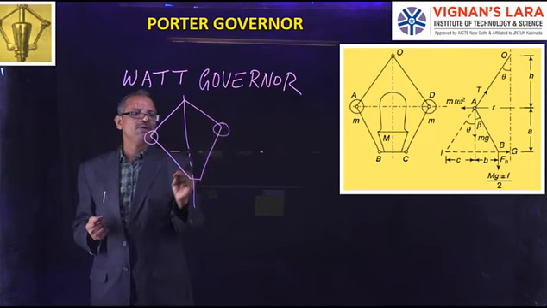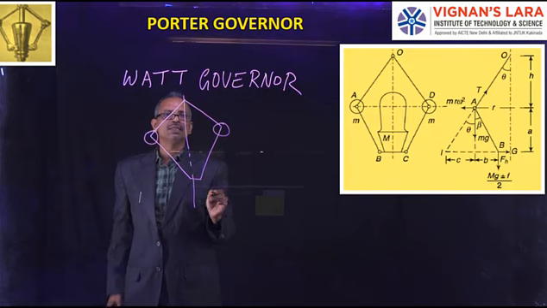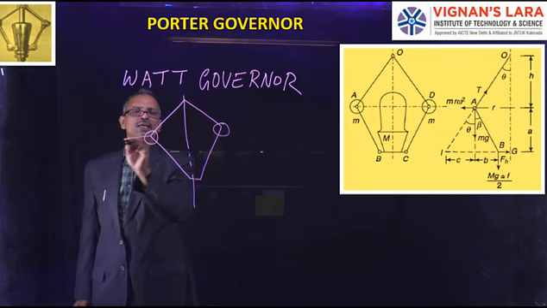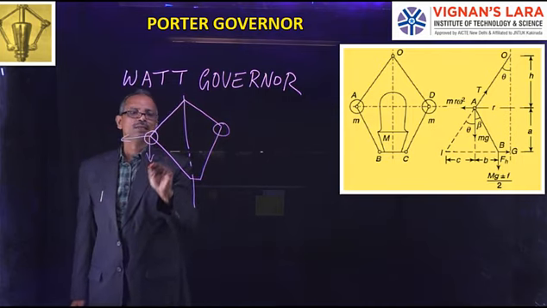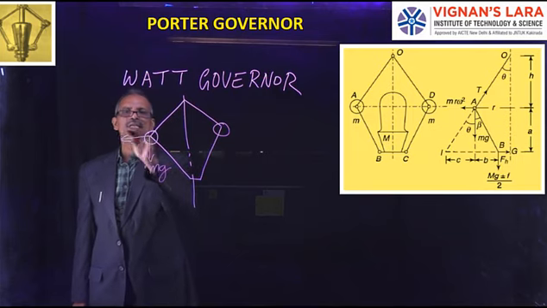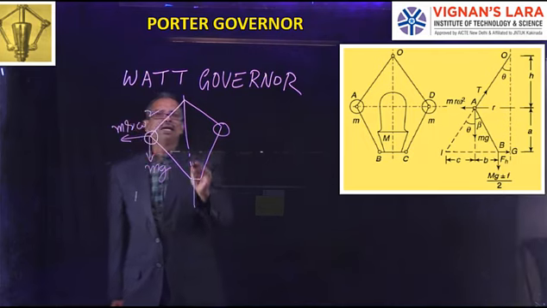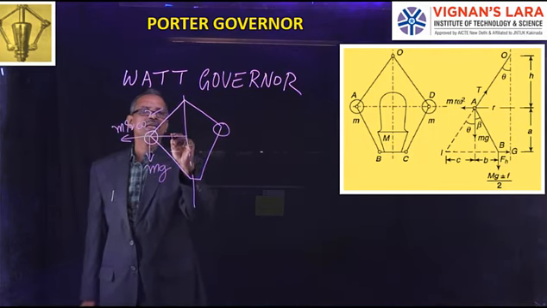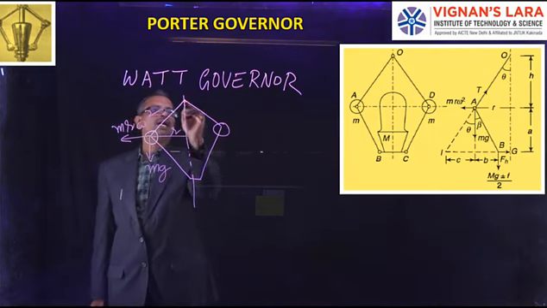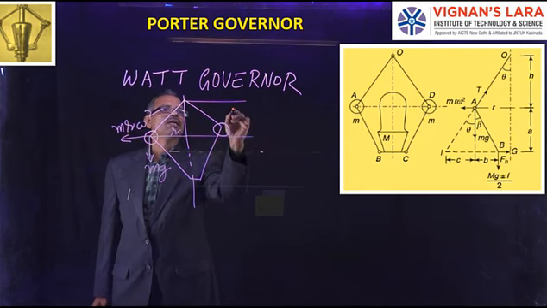Yesterday we saw this Watt governor, where the ball's self weight is mg and the centrifugal force is m r omega square, and we defined r as the radius of rotation and this is h.